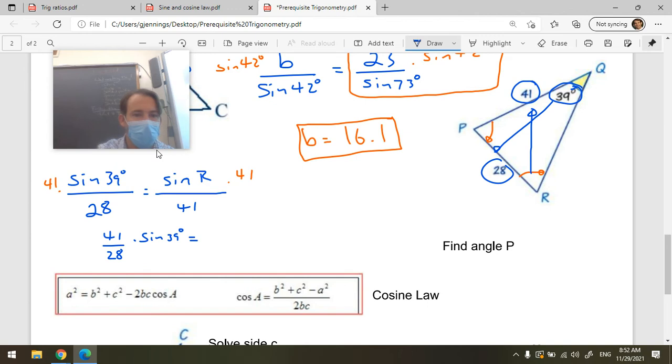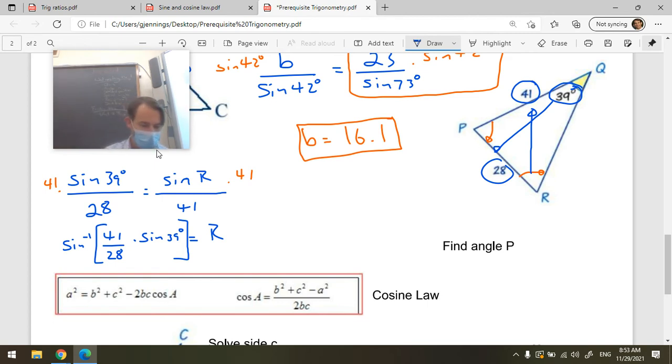But I actually want to know what R is. So what I'm going to do is put all this in brackets and take the inverse sine of that. That way I'm taking the inverse sine of both sides, which is going to isolate my angle R. So this is what I punch on my calculator. I push second function, sine inverse. I create a bracket.